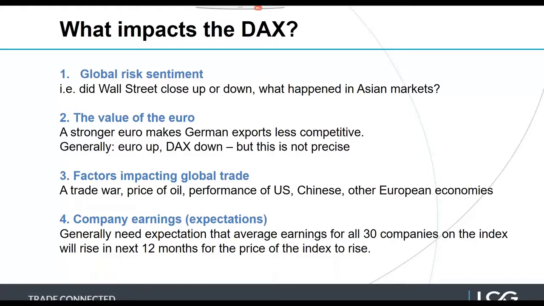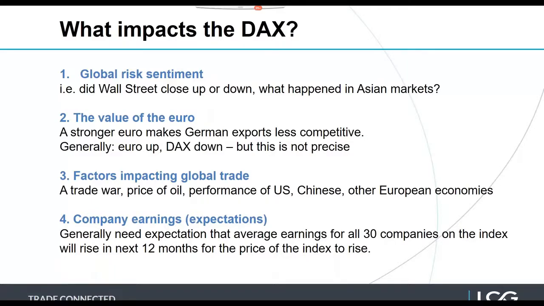Which is ironic in a way, because you'd think that, say, good economic data that sends the euro higher would drive the DAX higher as well, but often that's not the case. So I wouldn't say look necessarily at economic data as something important for driving the DAX index. It's generally not. That's more important for currency markets.